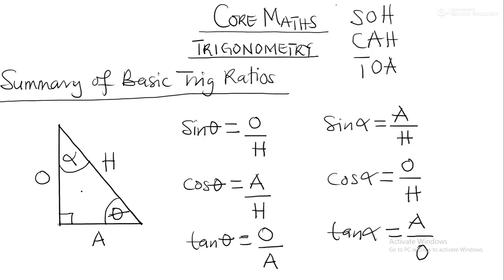So in this triangle we have 90 plus theta plus alpha equal to 180 degrees. I hope you are with me. If one of the angles is 90 degrees, it means that the other two angles, when we put them together, should also give us 90 degrees. Do you agree?